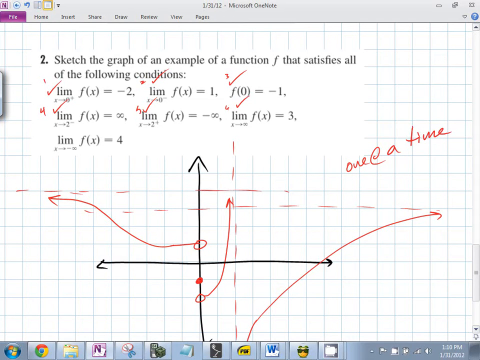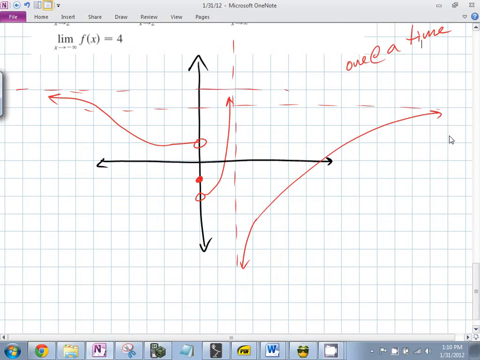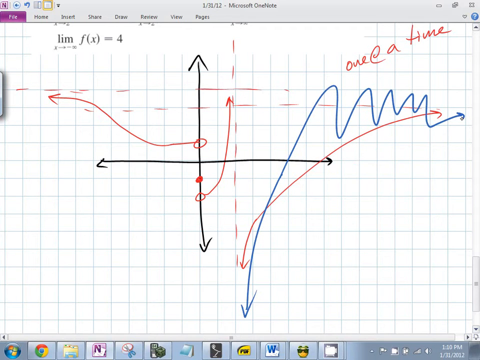It could go down like that, and then it could go up like that, right? It could also go like this, and maybe not double back on itself, but something like this. Could it do that? Sure. Absolutely. My recommendation is one at a time and keep it simple. Sound good?